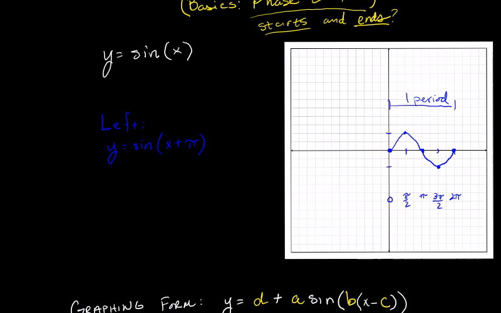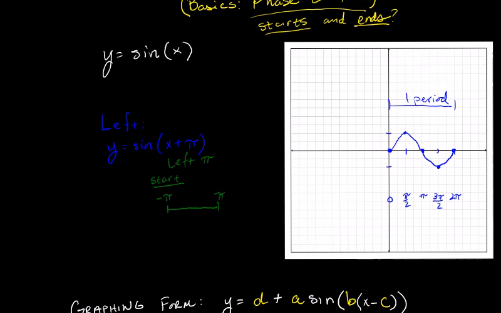It looks like it would be positive pi, and so you would move it right pi, but in essence, it would be a shift left pi, and so this graph, instead of starting at 0, would start at negative pi on the x-axis, and then if we add the period, which is 2 pi, it would end at pi.